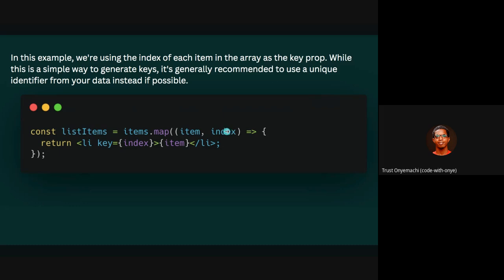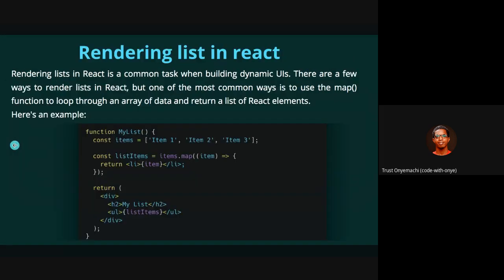It's very smart: the first element will be given index 0, the second element key is going to be 1, and the third element key is going to be 2. Let's think about it: we have item 1, item 2, and item 3.